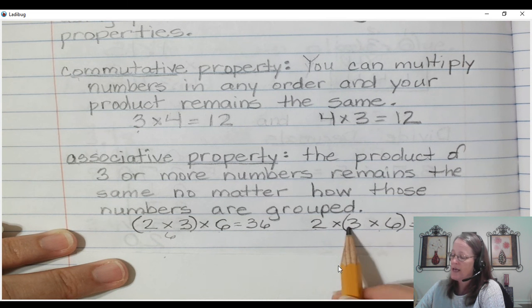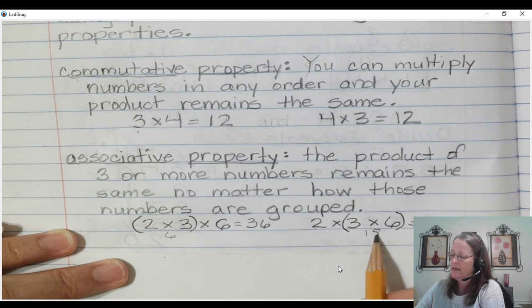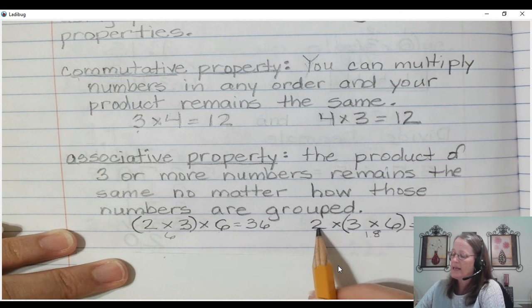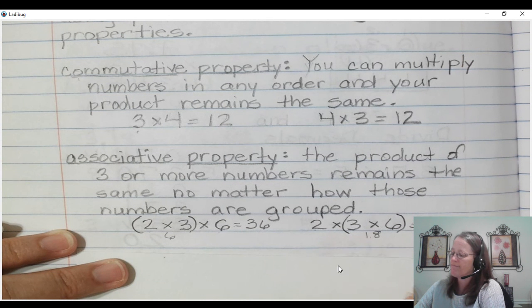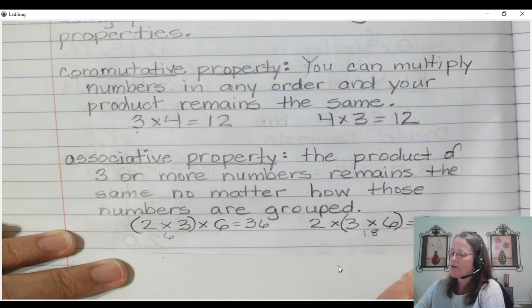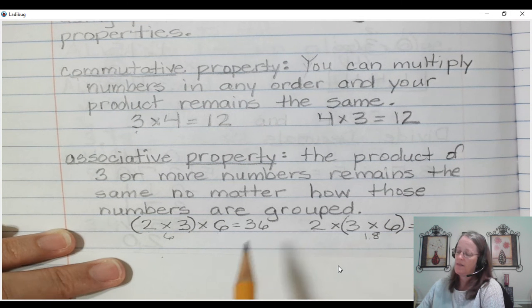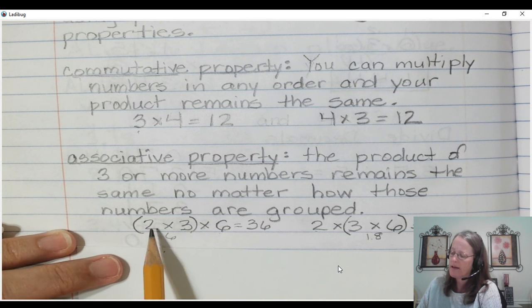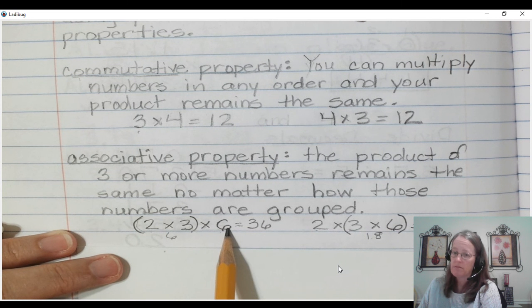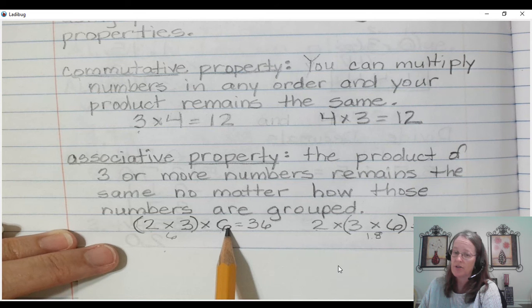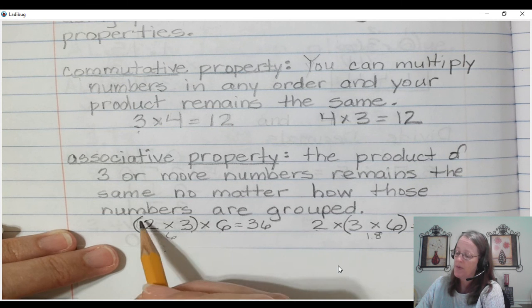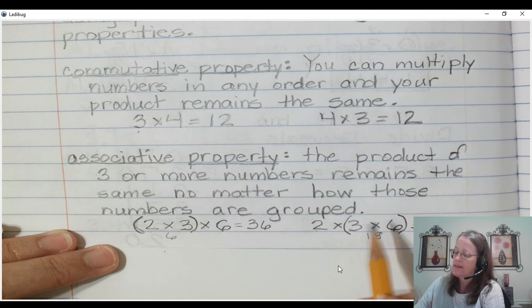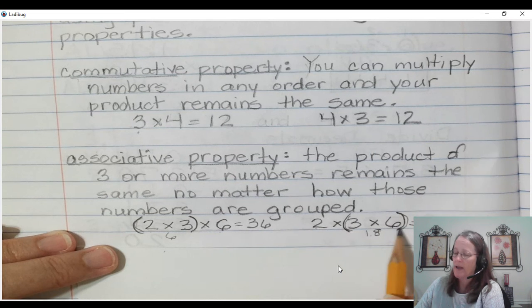So 3 times 6 is 18, and 18 times 2 is, you guessed it, 36. The associative property says that I can multiply 3 or more numbers, 3 or more factors, and I can group them in different ways, and my product will remain the same.